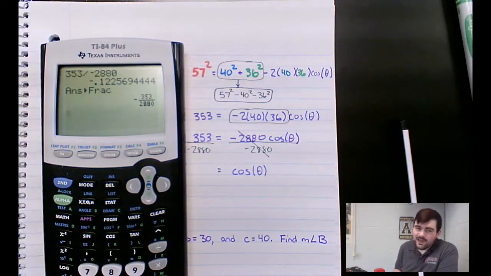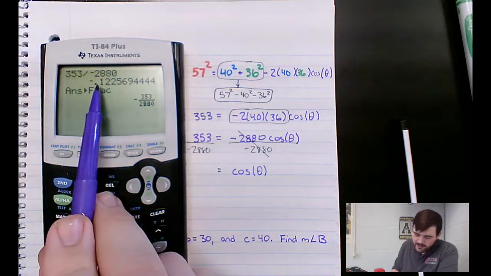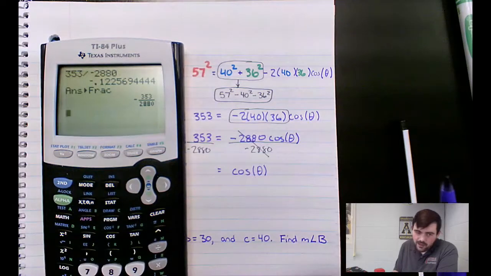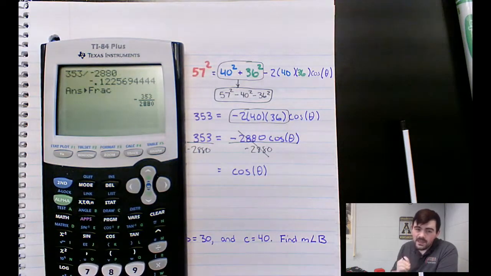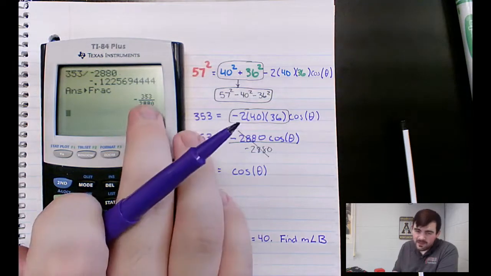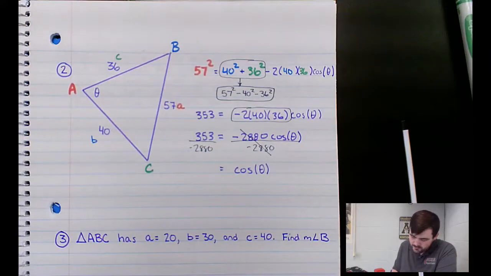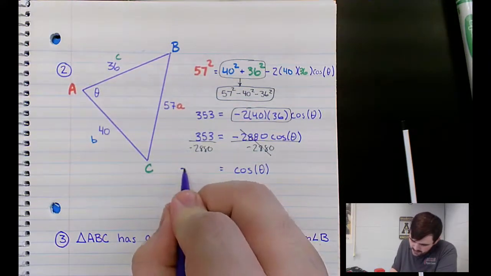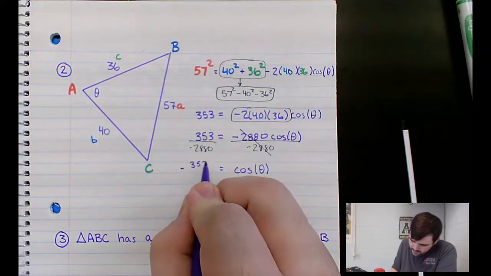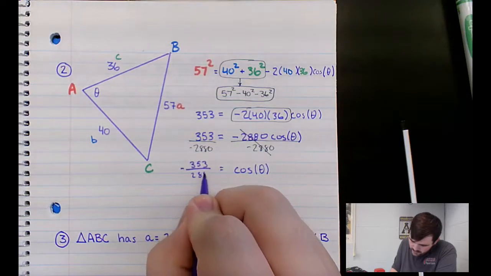And as a matter of fact, if I rounded this right here to like negative 0.12, I would get the question wrong. The biggest, most important thing here, leave this fraction alone. So whenever I divide both sides by negative 2880, I get the fraction negative 353 over 2880.